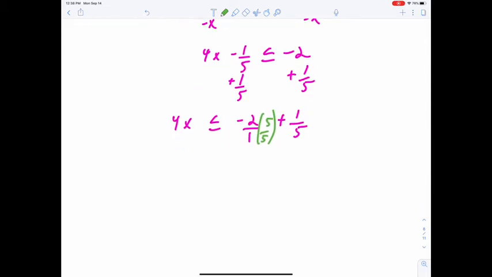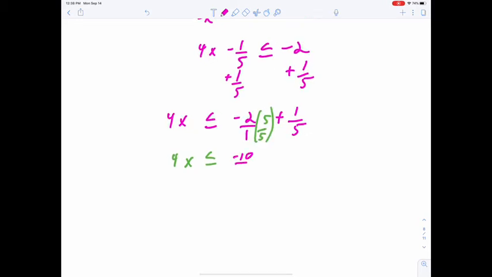So we'll get 4x less than or equal to, and remember when we multiply fractions, you multiply across the top and across the bottom. That's important. So we get -10 over 5 plus 1 over 5. So this will be 4x is less than or equal to -9 over 5.